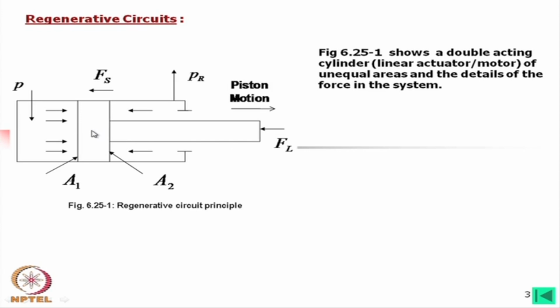To find this pressure we should calculate this force, which must be equal to this force minus this force, where this force is the annular area A2 into the pressure PR. Let us consider it is going back to tank and there is no resistance. So, this pressure is 0.